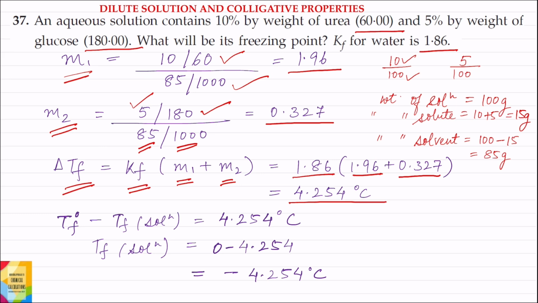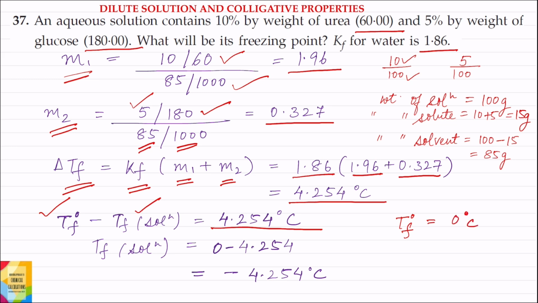Now what is depression in freezing point? Depression in freezing point is freezing point of pure solvent minus freezing point of solution, and this is equal to 4.254 degrees centigrade. Now the solvent here is water, so freezing point of pure solvent will be equal to 0 degrees centigrade.